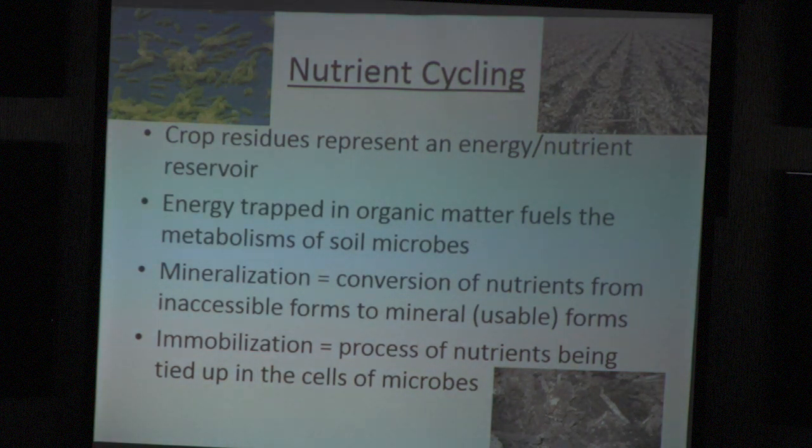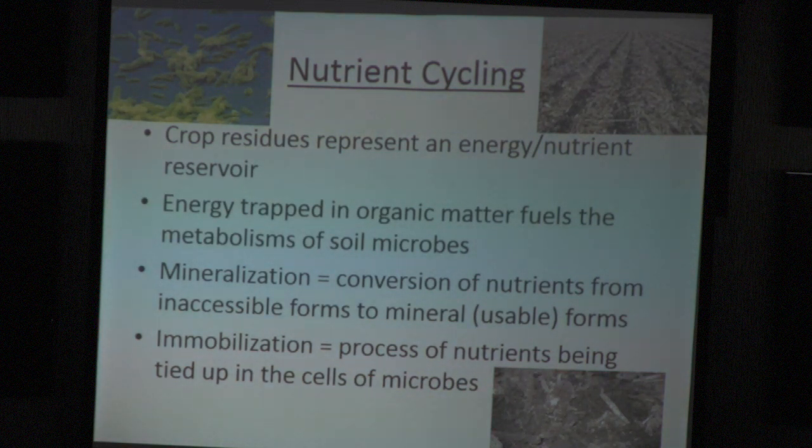So nutrient cycling, this is the process where, for example, your fall crop of corn has stalks left in the field, and this is where nutrient cycling begins to happen. The crop residue represents the energy, or the carbons, that need to be broken down.